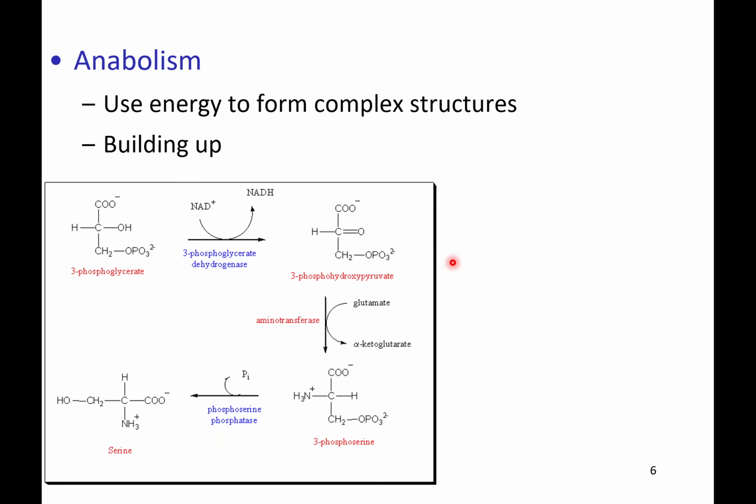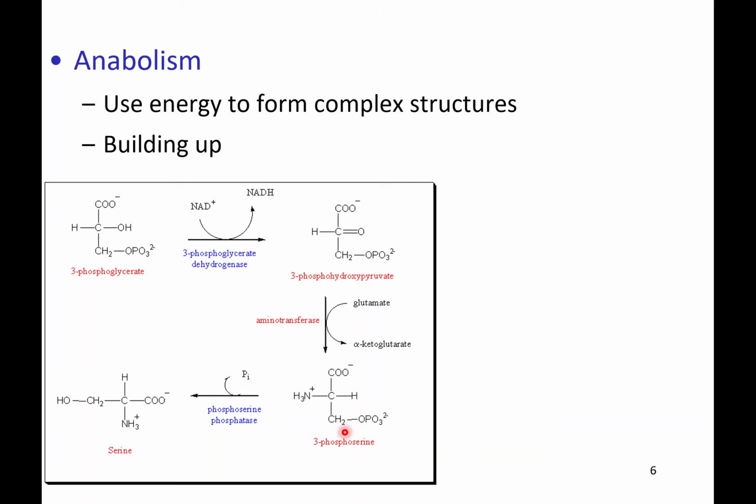The other part of metabolism is anabolism, where you use energy to form more complex structures. You take less complex structures, building blocks, and put them together to build up to a more complex structure.